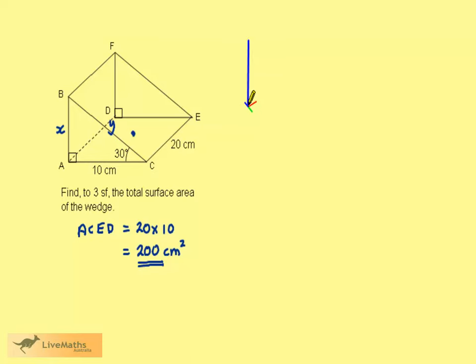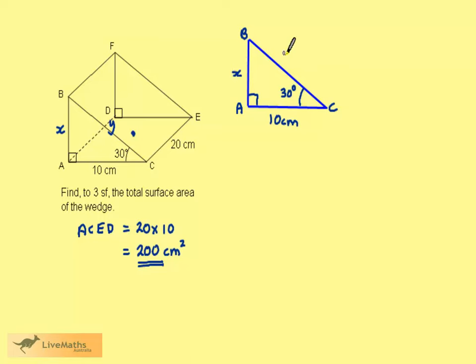If we draw out the triangle ABC, and this is always a good plan when working with 3D shapes, the right angle is here, this length is 10 centimeters, and this angle is 30 degrees. This is the triangle ABC.